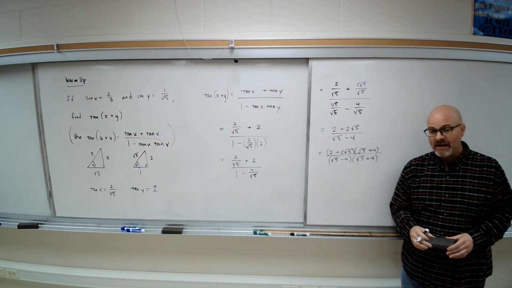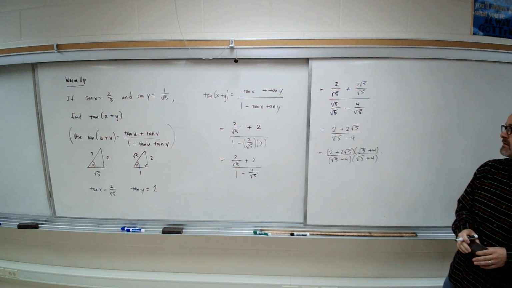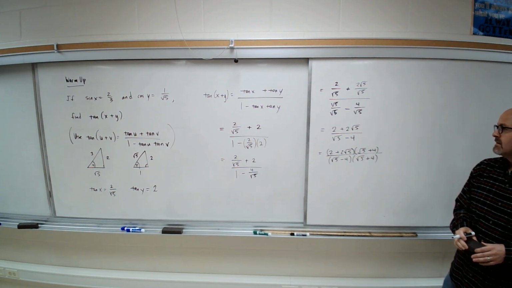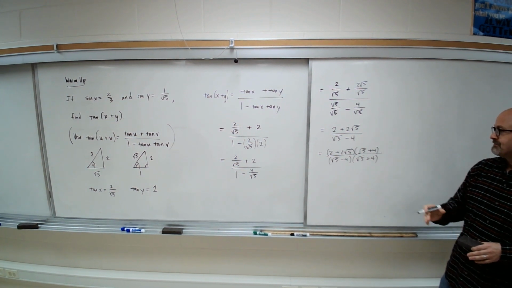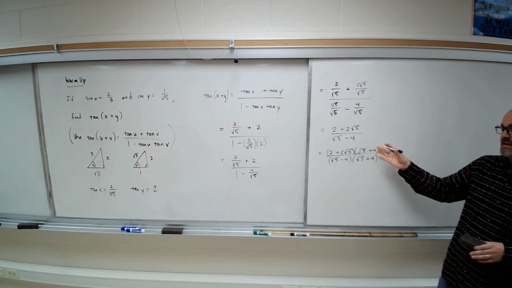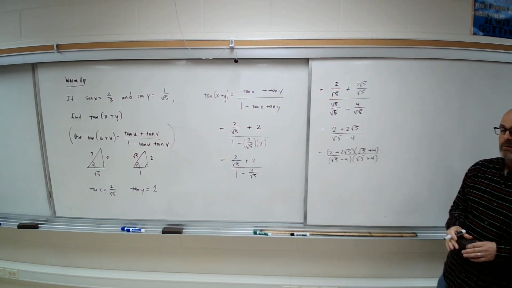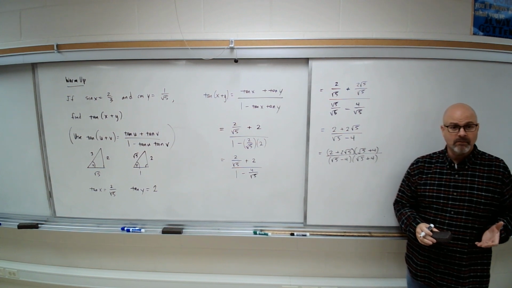Again, just a review of some algebra we've been working with some. And then once we've done this, we just need to distribute on top. Then we're going to form a difference of two squares pattern on bottom.